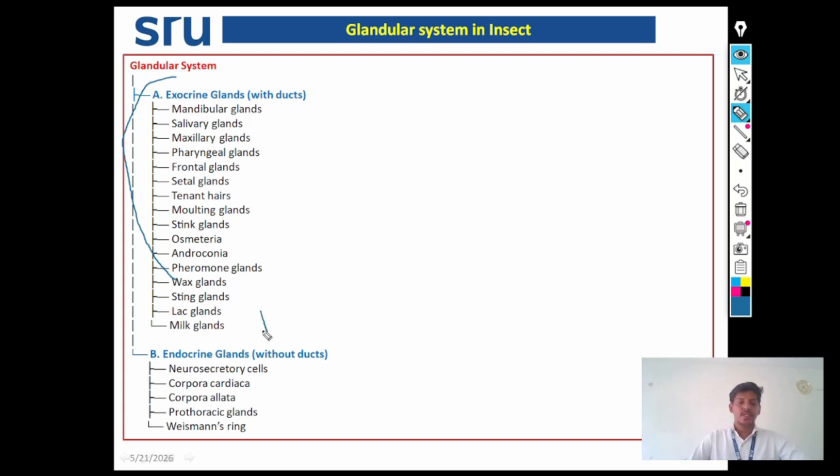Now we are going to discuss endocrine glands, the glands without duct, that is neurosecretory cells, corpora cardiaca, corpora allata, prothoracic gland, and Weismann's ring.